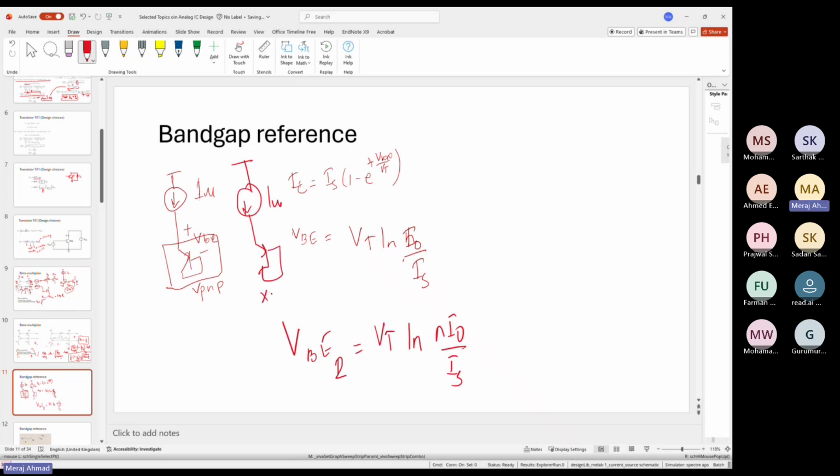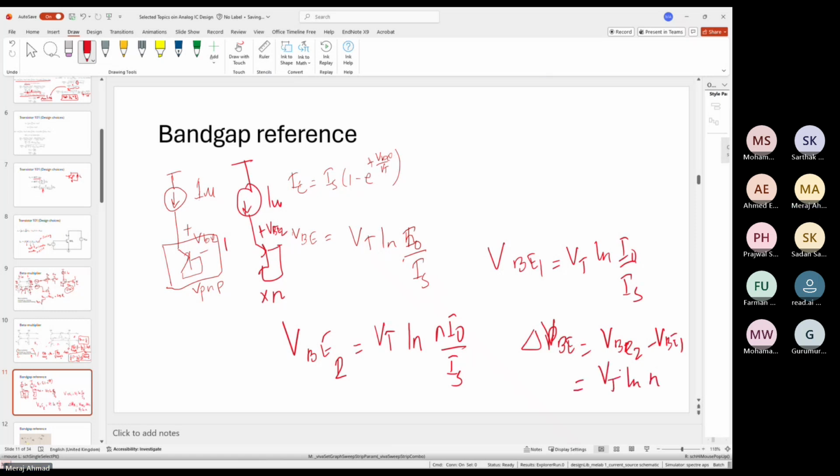This one is n times larger, and this is VB2 and this is VB1. So what will be VB1? VT ln I naught by IS. And VB2 is VT ln n I naught by IS. When we take delta VBE, VBE2 minus VBE1, if you simplify, it will be VT ln N, because the I naught gets cancelled.